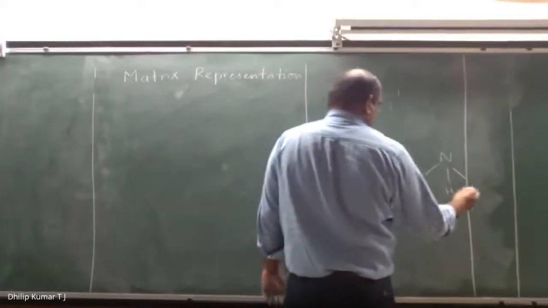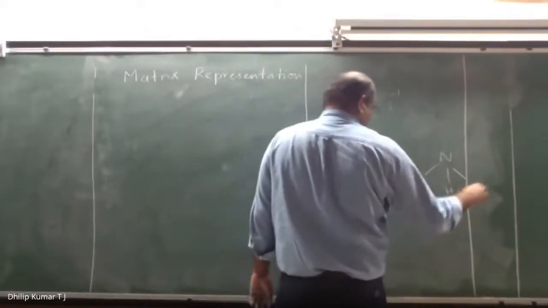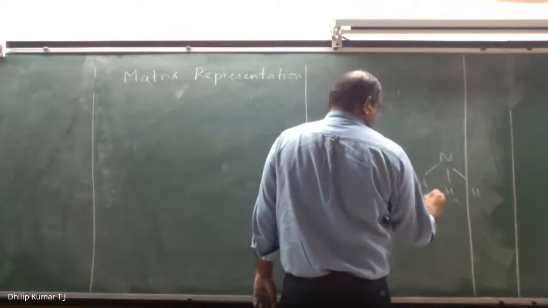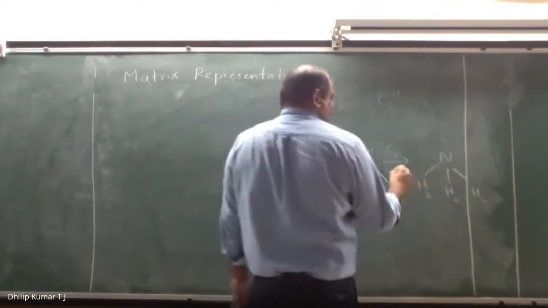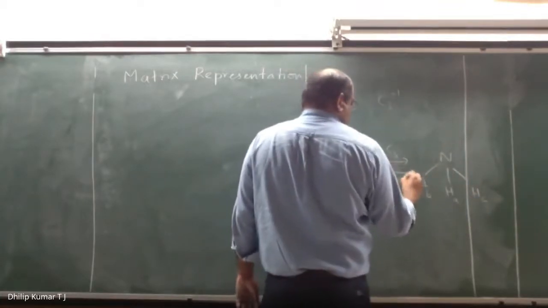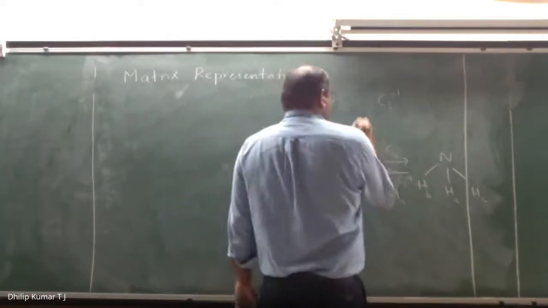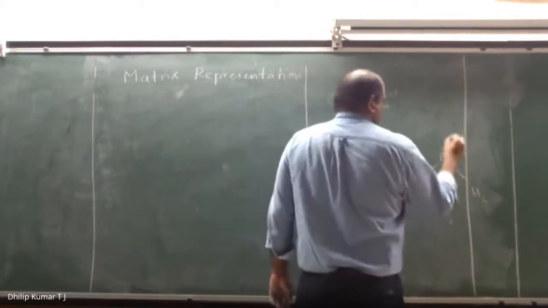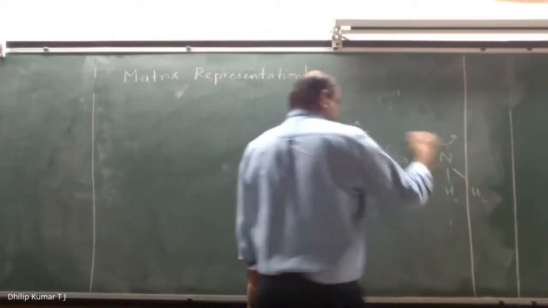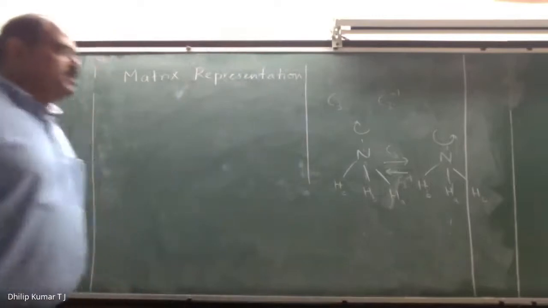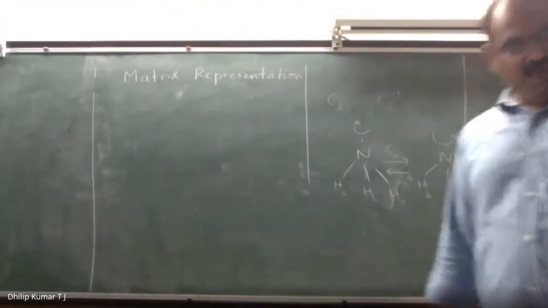But let me finish. C3 to perform: A goes here, B comes here, C comes here, and then the inverse. If you just perform C3 inverse, it's an operation. You rotate clockwise, and then this is anti-clockwise rotation. So we just come back to the original place. That's the operation. So it's the inverse of whatever operation you perform. So C3 inverse and C3 squared are both the same now?